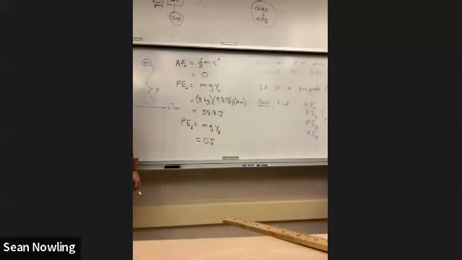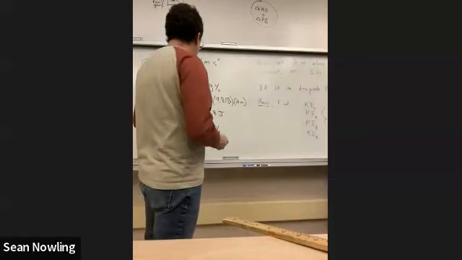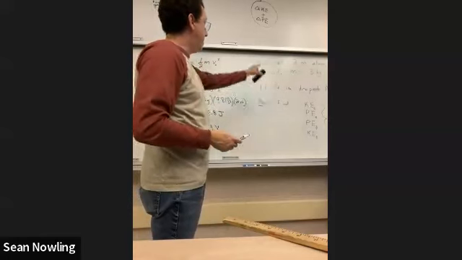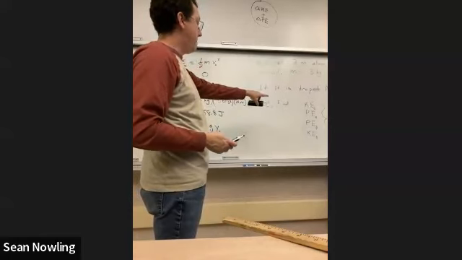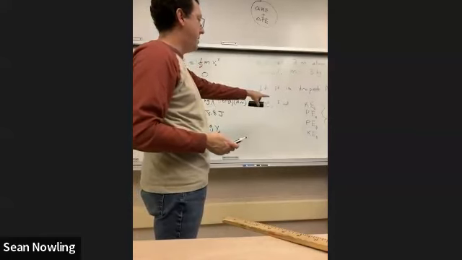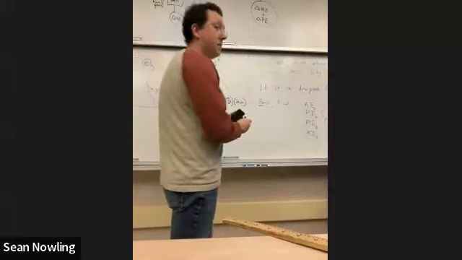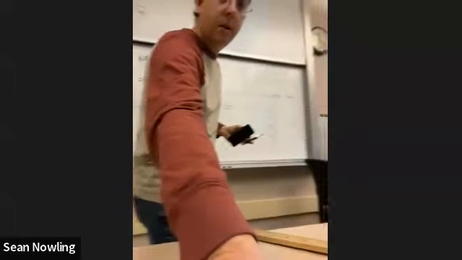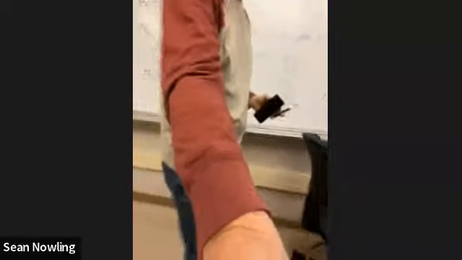Give me a thumbs up if you had all of these ideas. Yep. Very good. I have to erase this here, but I want to find the final kinetic energy and the final velocity.